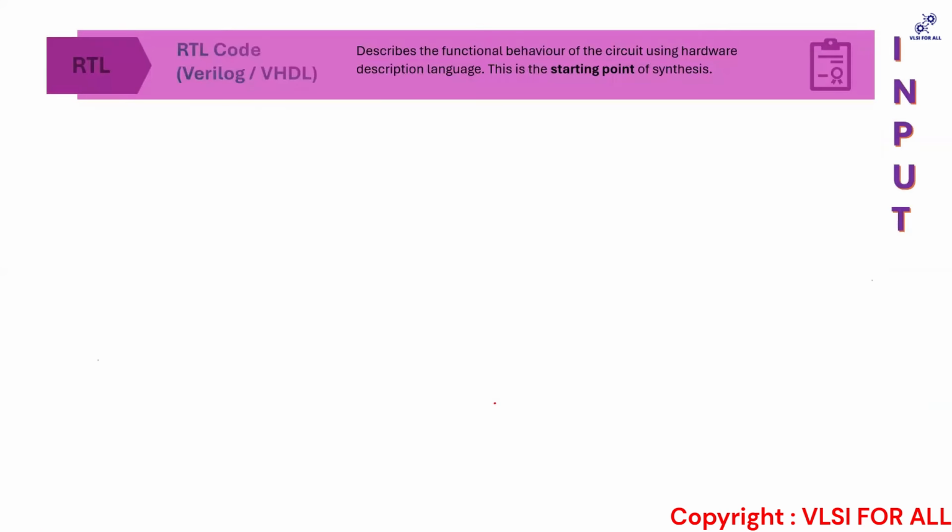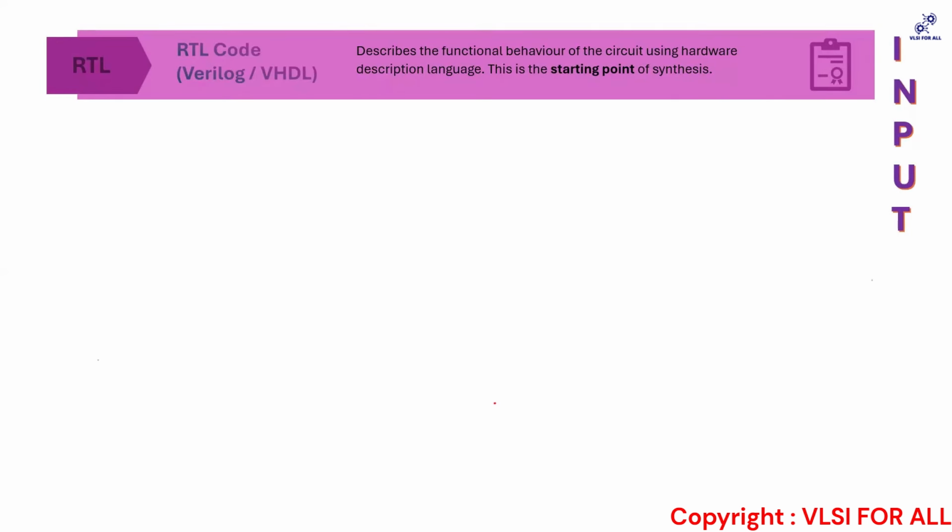The first, as I said, is the RTL code, which stands for register transfer logic. It describes the functional behavior. I have to perform some function: an adder, then a subtractor, then some multiplication. This is something I described in human format: I want to do this addition, I want to do this subtraction.